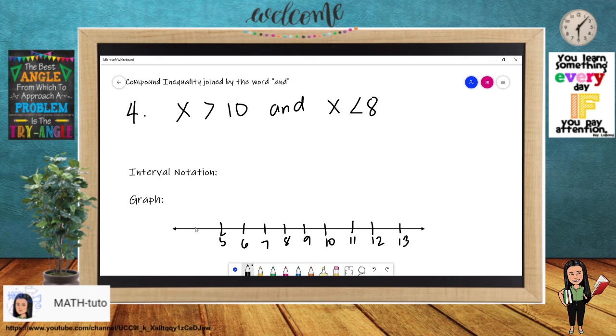Yan, di na ako nag-start sa 0. Anyway, may arrow naman siya. Ito ay x is greater than 10. 10 is not included. So, that is from 10 going to positive infinity.